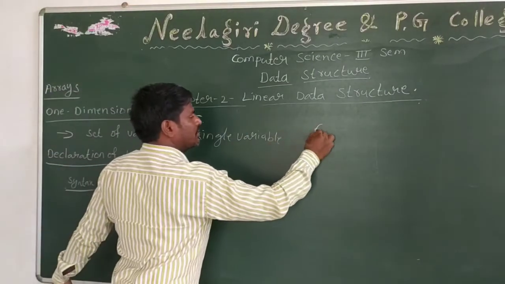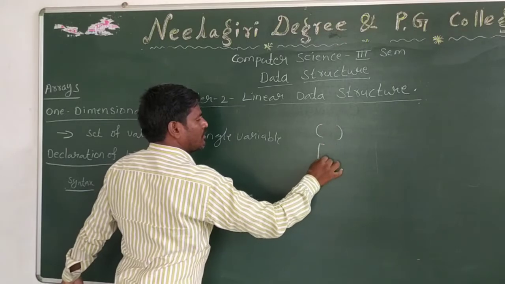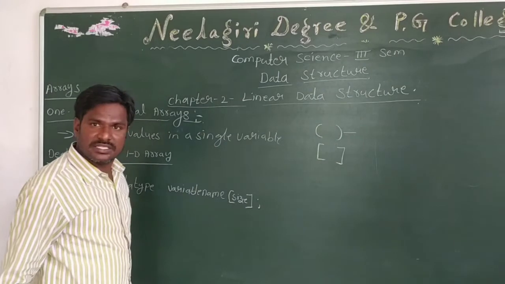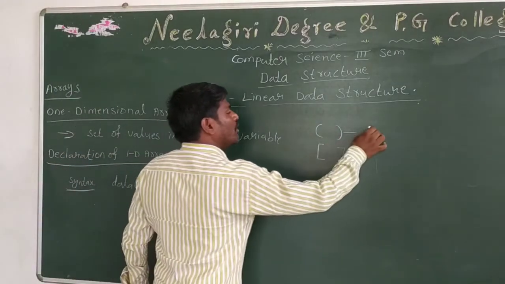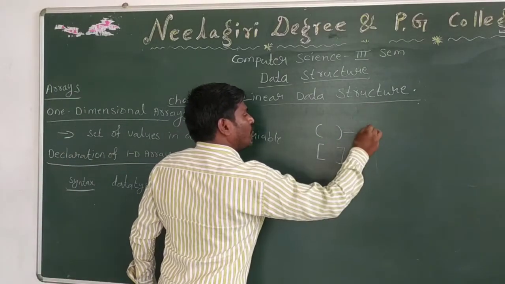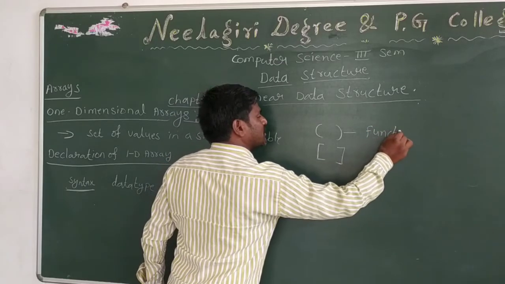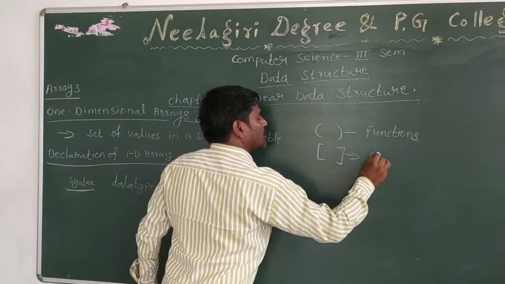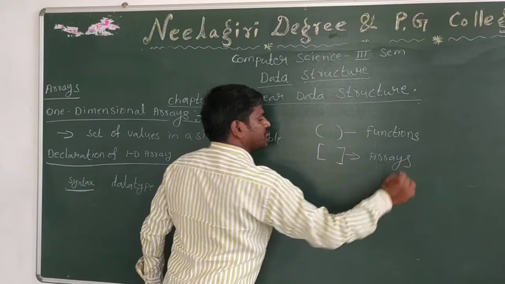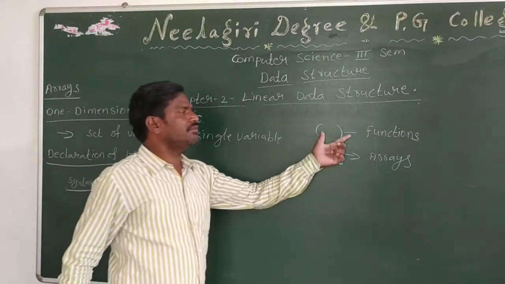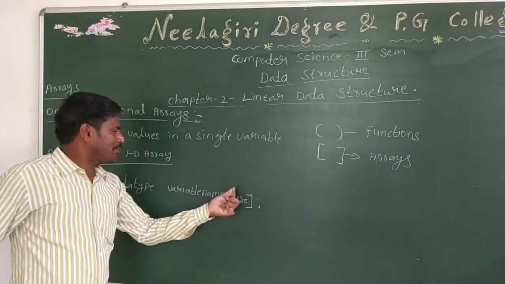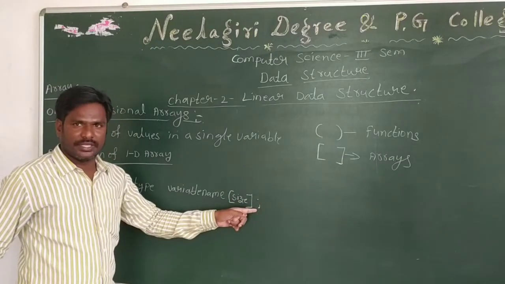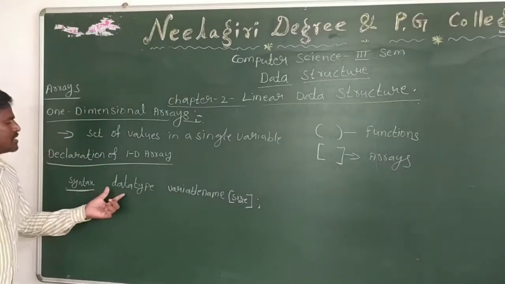There is a difference between these brackets. These are called parentheses, which we use when we declare functions. These square brackets are used to declare arrays. If you use parentheses here, the meaning will change. And you have to put the semicolon at the end. This is compulsory.